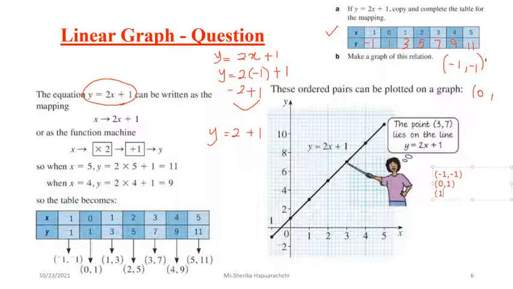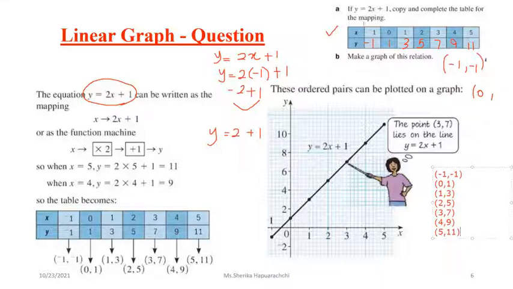My third coordinate, 1, 3. Then I have 2, 5. Then I have 3, 7. And then 4, 9. And my last coordinate is 5, 11.